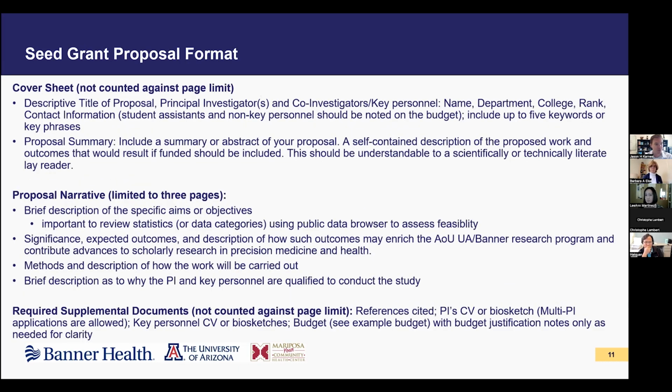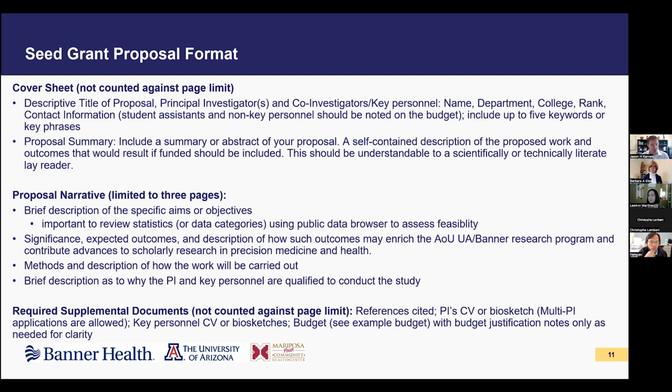In terms of the actual submission, and again, this is all mentioned in the RFA, there is a cover sheet that doesn't count against the page limit. That includes an abstract that could be understandable to a scientifically or technically literate lay reader. Then we have a 3-page proposal narrative, which is going to be the primary piece that is reviewed based on the criteria I showed earlier.